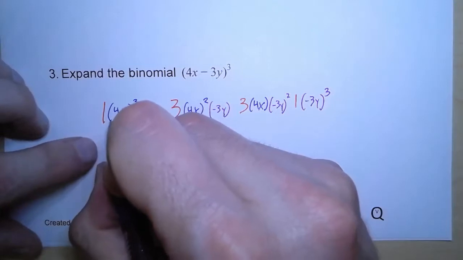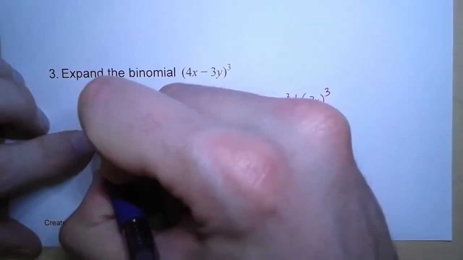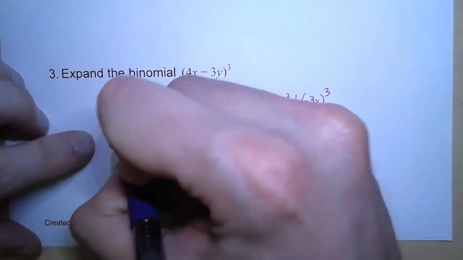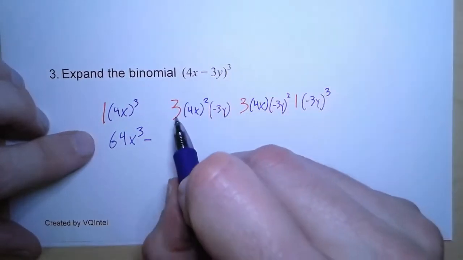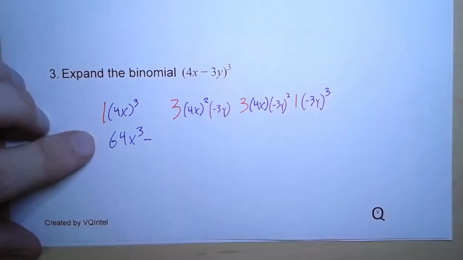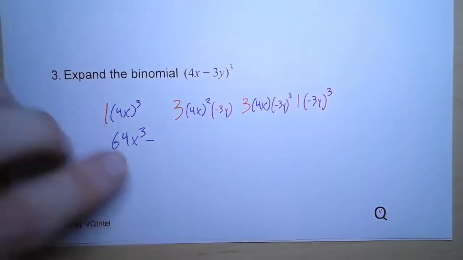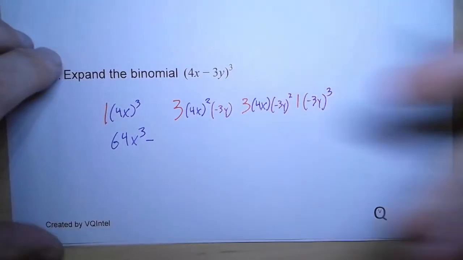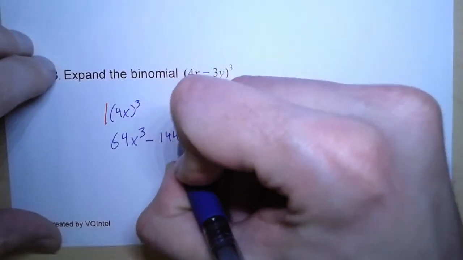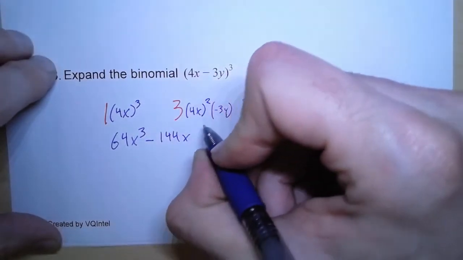So for our first term, we have 4 cubed, so that's going to be 64x cubed minus, and it's going to be minus because we have 3 times 4 squared, and 4 squared is 16 times 3 is 48, but then we also have to multiply by negative 3 again. And so that's going to give us minus 144 x squared y.